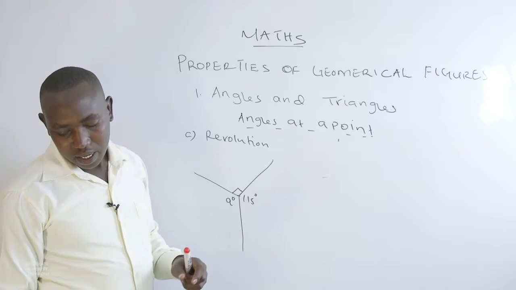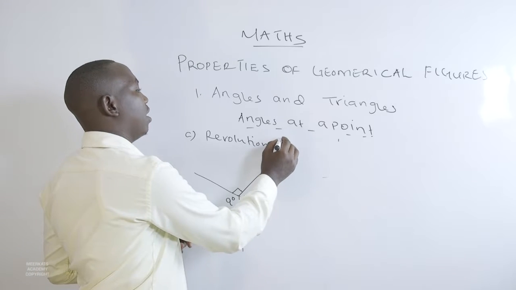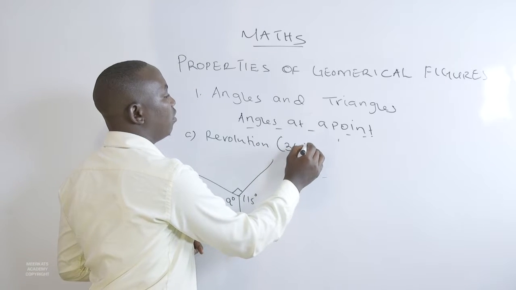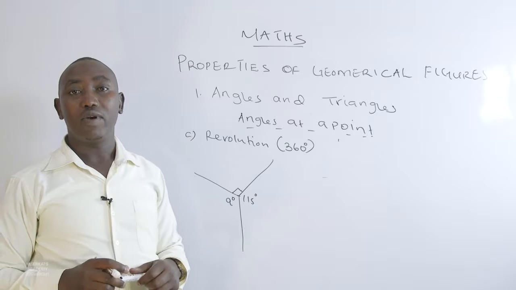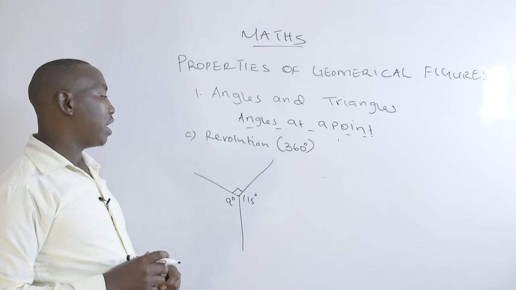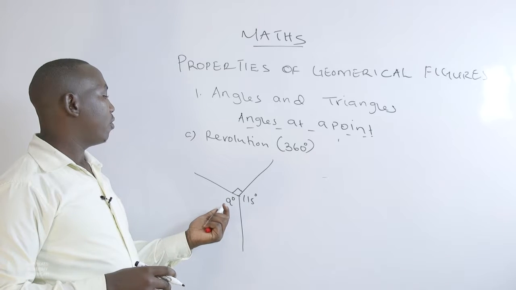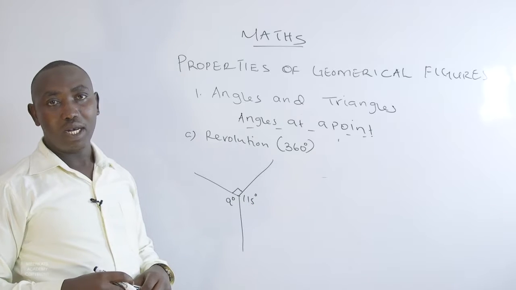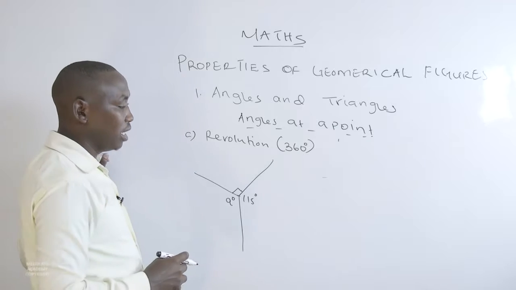Now we understand that for a revolution, the sum of those angles should be equivalent to 360 degrees. So for us to find the value of A, we need to equate the angles we have been given to 360 degrees.